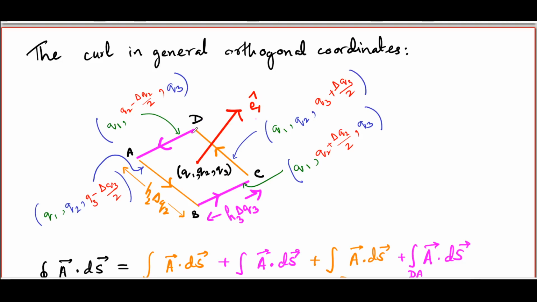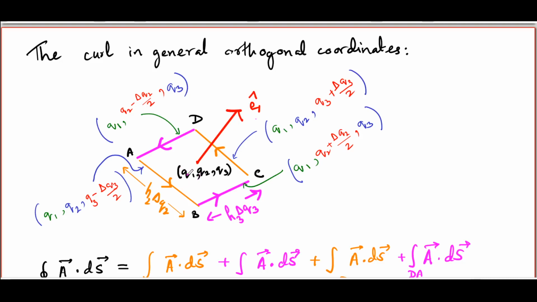Of course, the surface which you get when q1 is held fixed would in general be a curved surface, but if you take an infinitesimal loop, then the region bounded by that infinitesimal loop can be taken as a flat region, and E1, our first unit vector, is just normal to that.